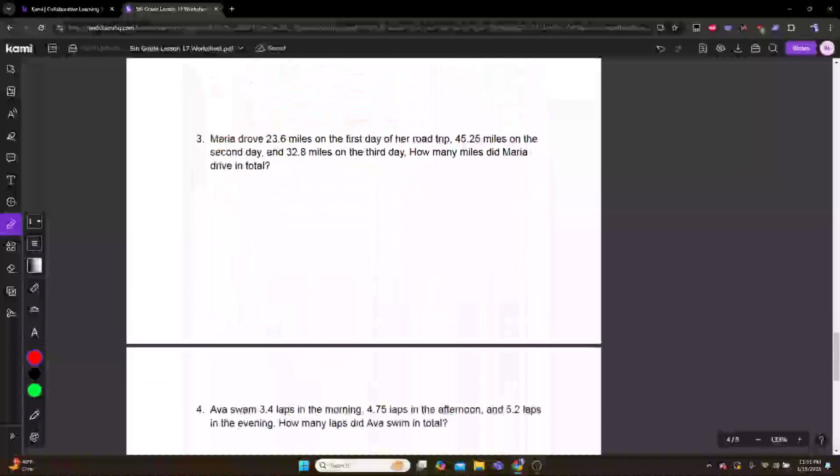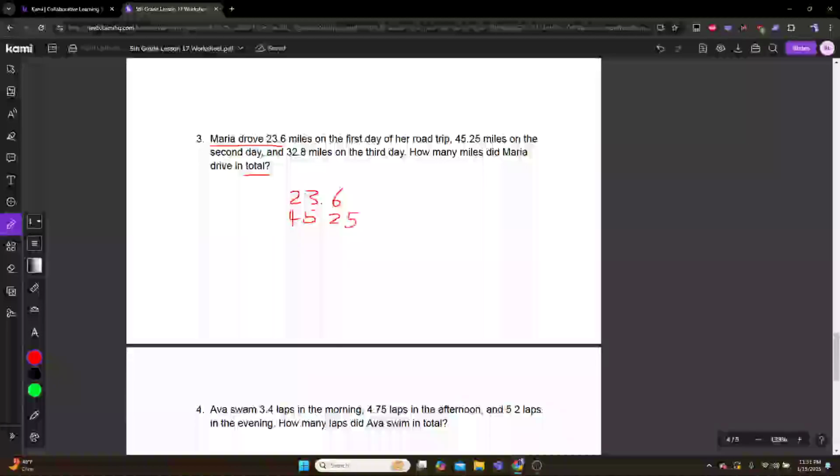Okay, now Maria drove 23.6 miles on the first day of her road trip, 45.25 miles on the second day, and 32.8 miles on the third day. How many miles did Maria drive in total? So we want to add up all the miles that she's driven. So the first day she drove 23.6 miles. The second day she drove 45.25 miles.